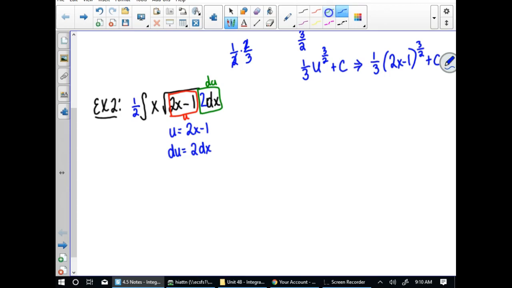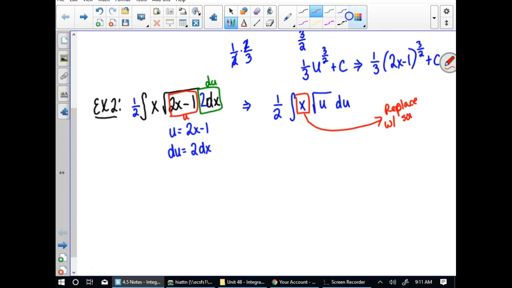So let's go ahead with what we've got here. We've got 1/2 integral of x square root of u du. I cannot integrate that when I've got the x and the u. I'm taking the derivative with respect to u. So this x right here needs to be replaced with the u.